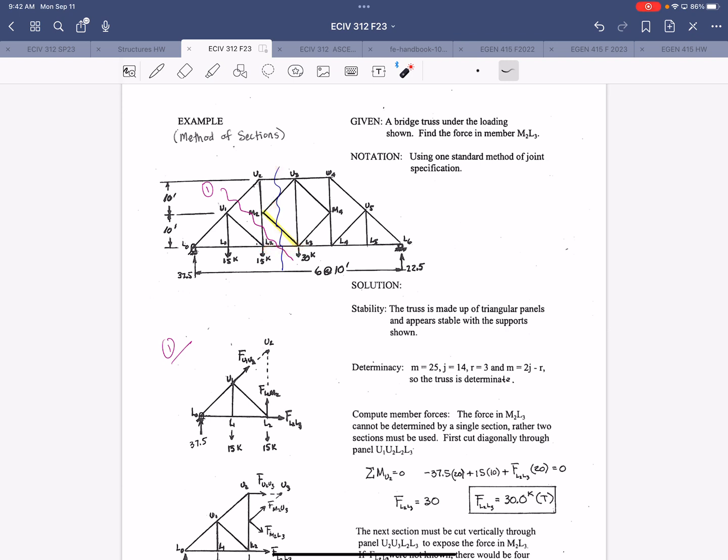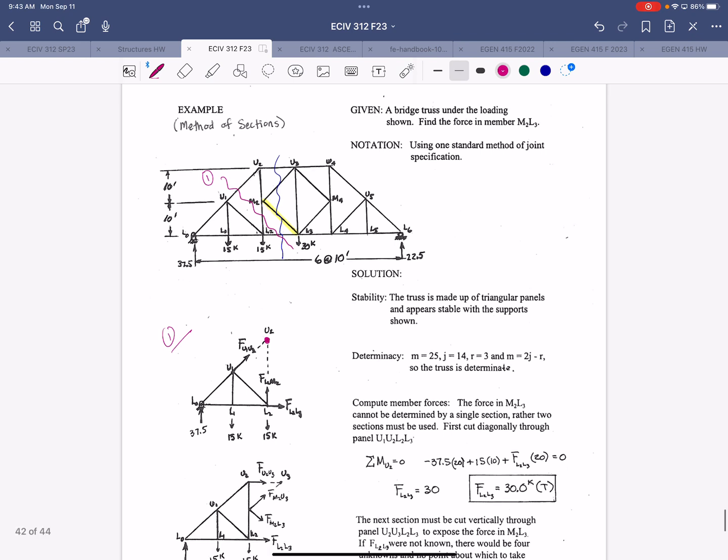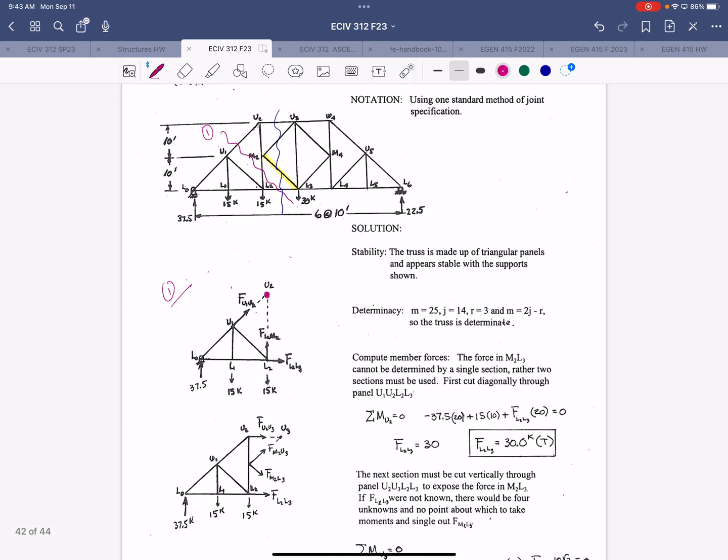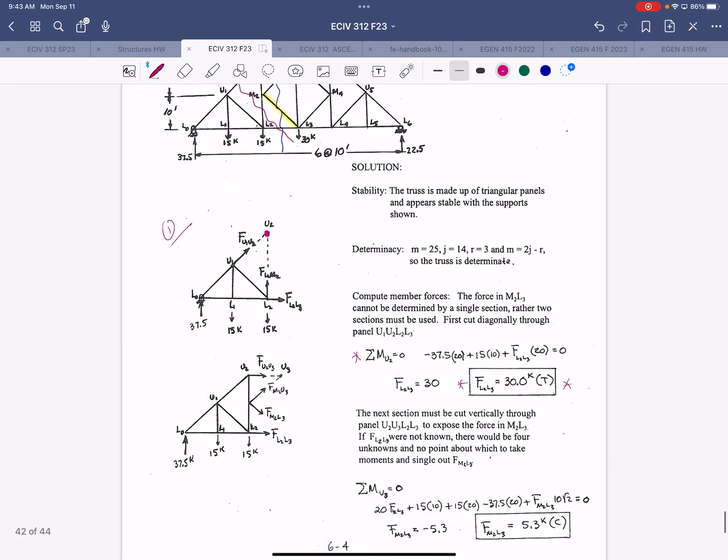The other two happen to pass through this point U2. So we can make use of that, sum moments about U2, and then solve directly for F2L3. All right, so we get F2L3 is equal to 30 kips in tension.